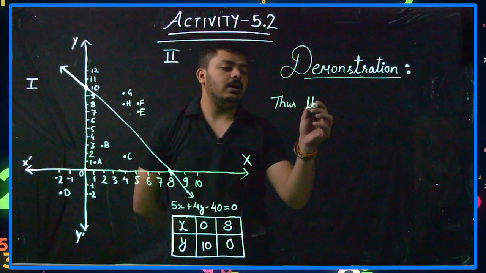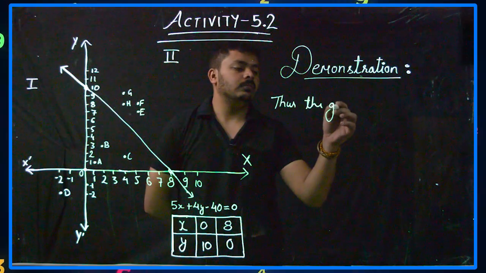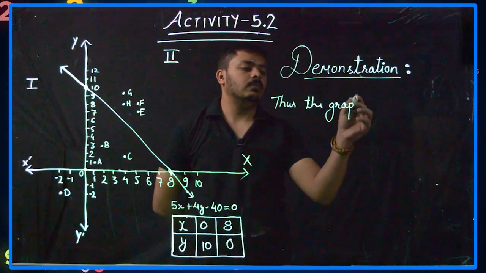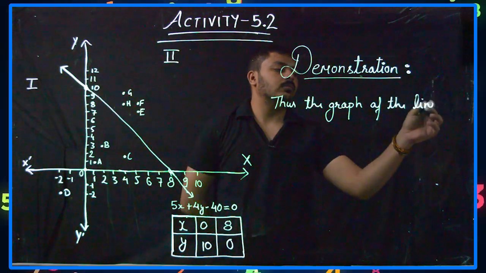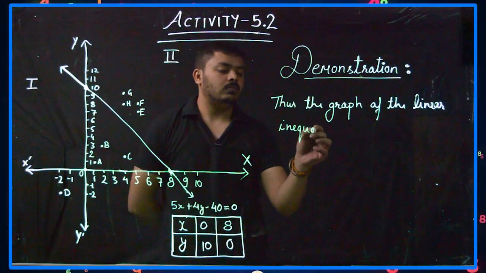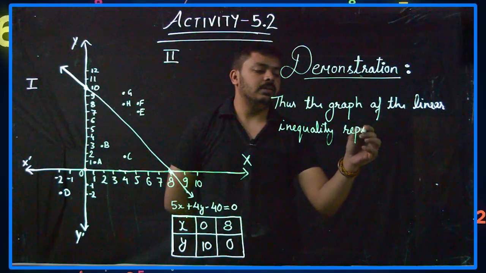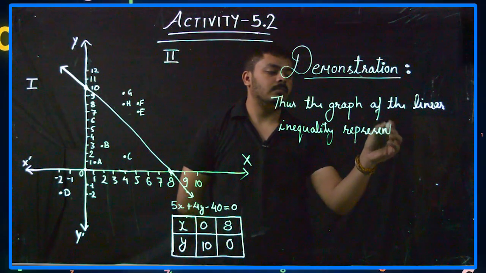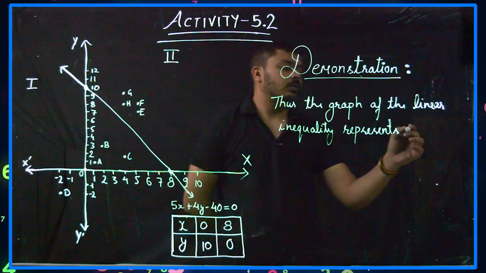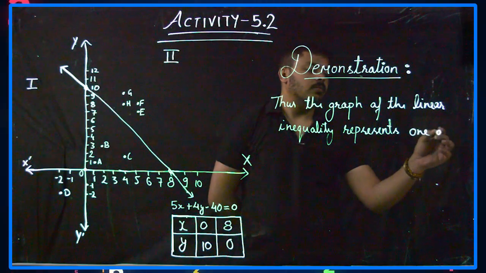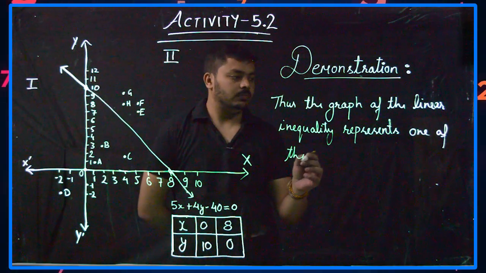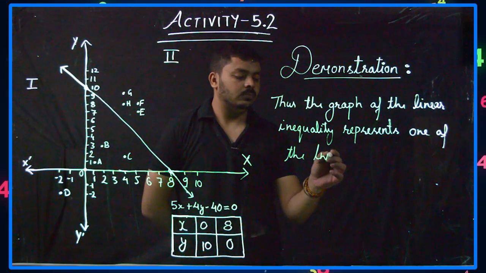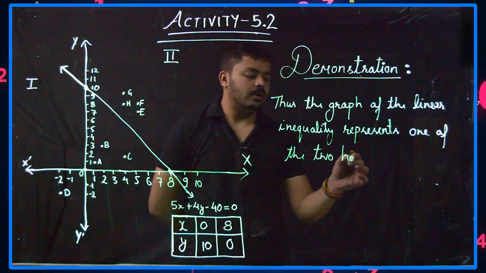Thus, the graph of the linear inequality represents one of the two half planes.